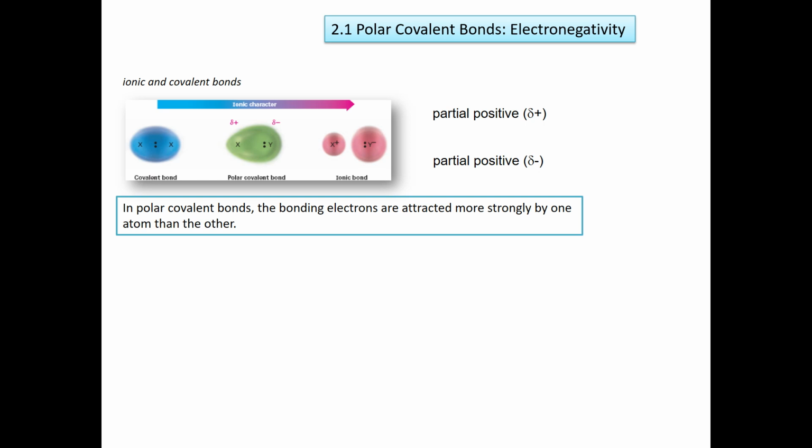That means the chlorine, because it's more electronegative, will attract the electrons more, so we have a density of negative charge close to the chlorine and a density of positive charge close to the carbon, which is the more electropositive or less electronegative atom.